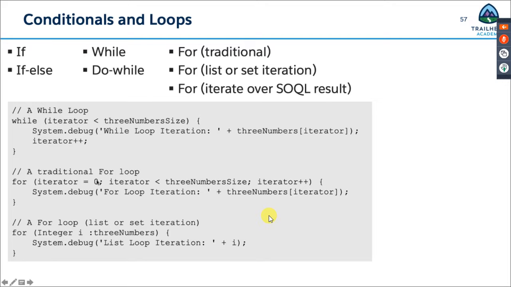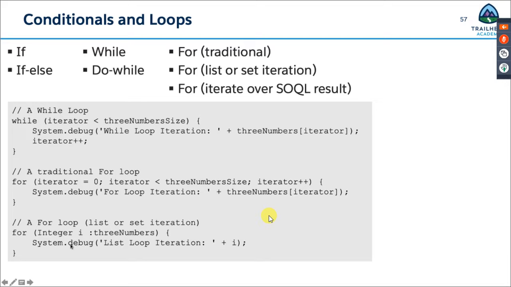For iterator equals 0, iterator less than 3 numbers, and then increment the iterator at the end of the loop, and inside of that I do whatever needs to be done. If I have a collection, like a list or a set, I could do the second type of loop, which is for each integer i in the list of 3 numbers, loop through them and process them.